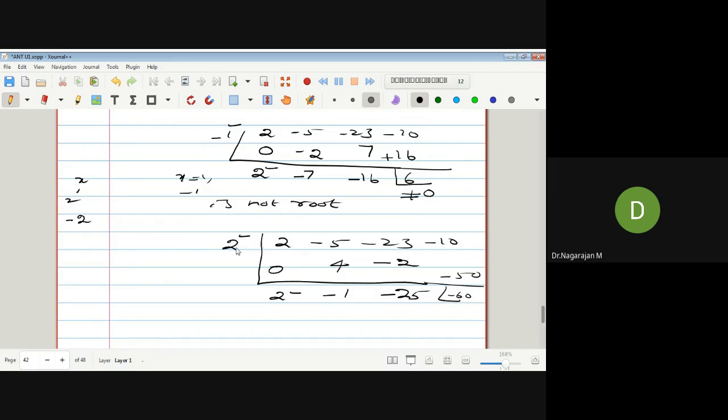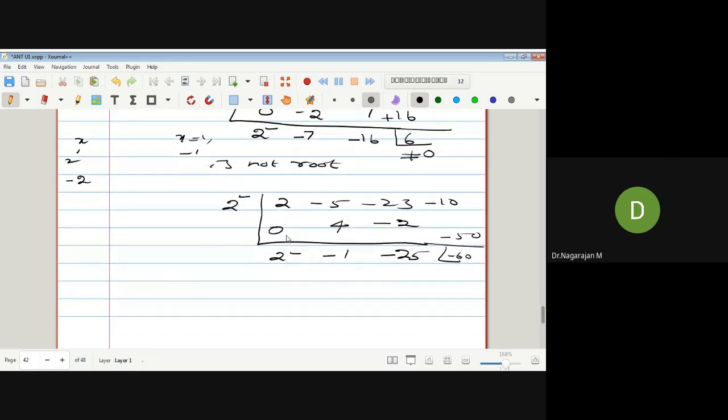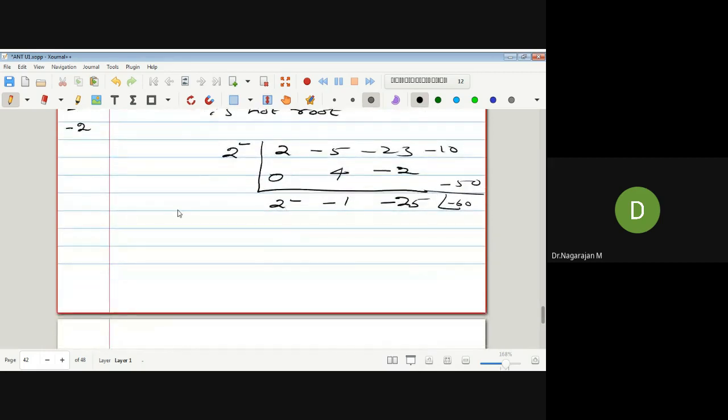Therefore x equal to 2 is not a root, and you check the last case, putting -2 also. Then 2, -5, -23, -10. Then I put 0. 2 plus 0 is 2. -2 times 2 is -4, and -4 plus -5 is -9.